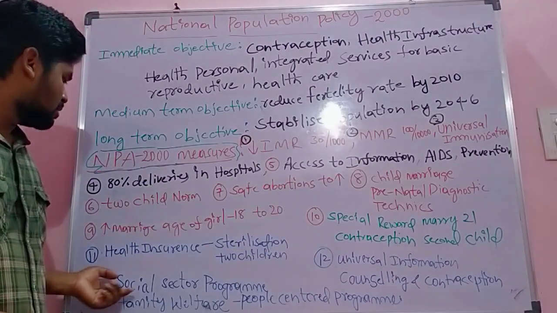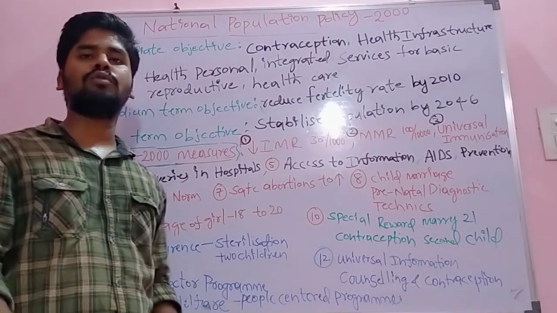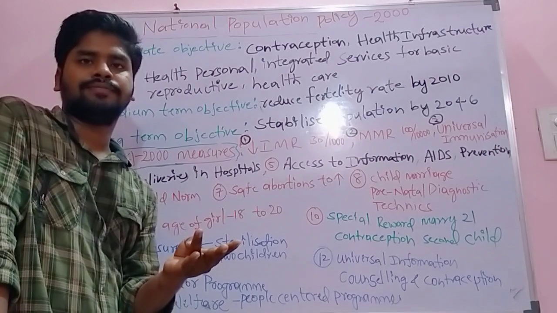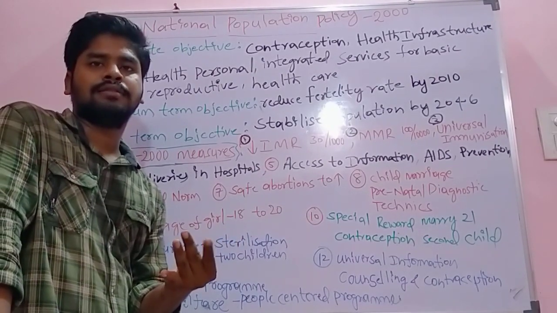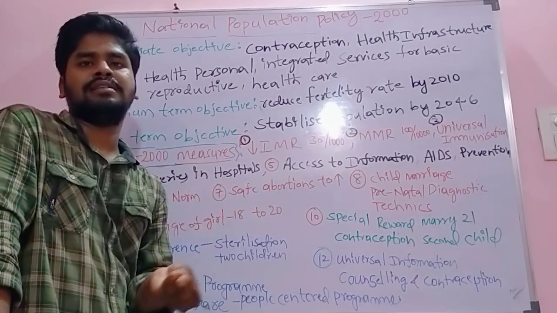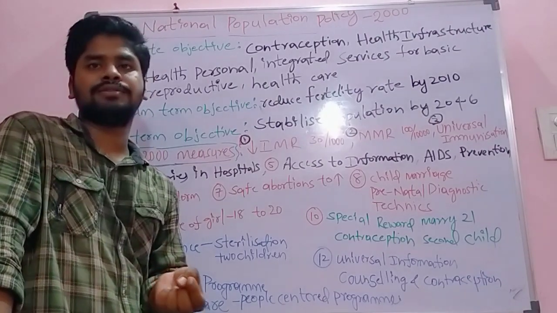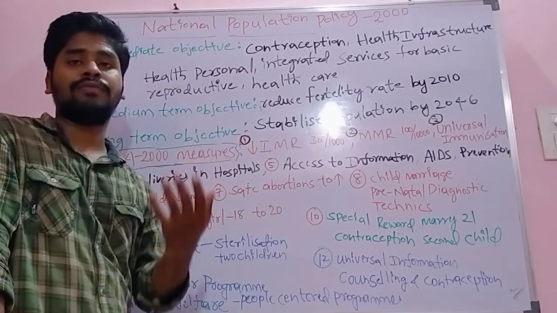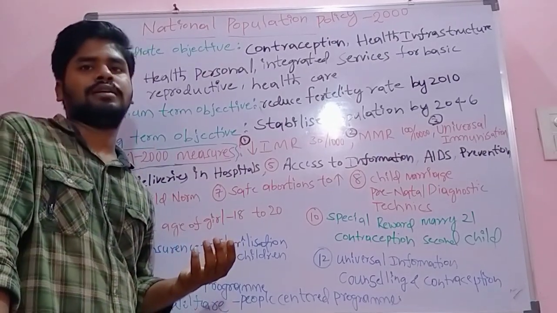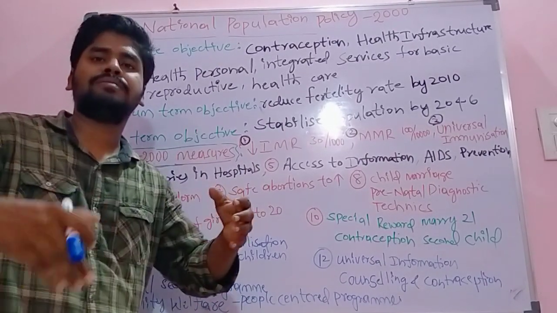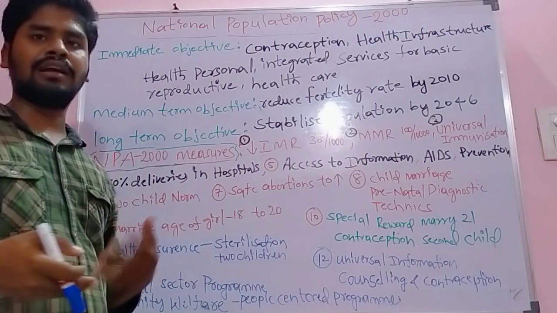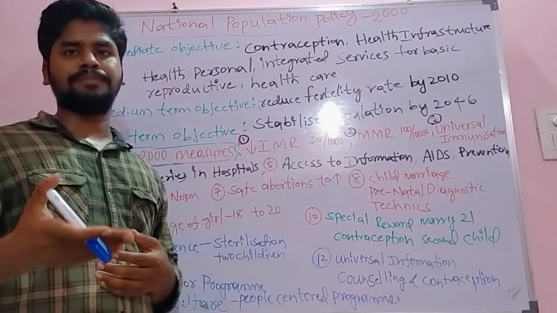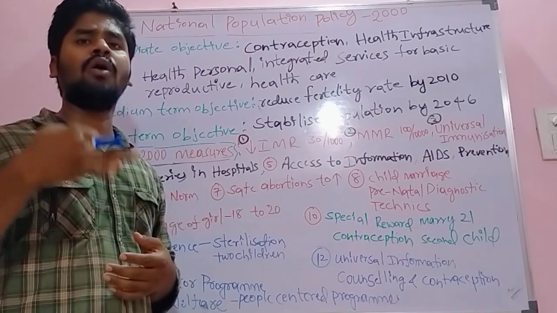And coming to the social sector programs, the government has the social sector: pure water, sanitation, and medical health care, primary health care centers in each and every village, with staff nurses and workers. The government has to provide for health issues and conditions, such as deliveries and all those things.